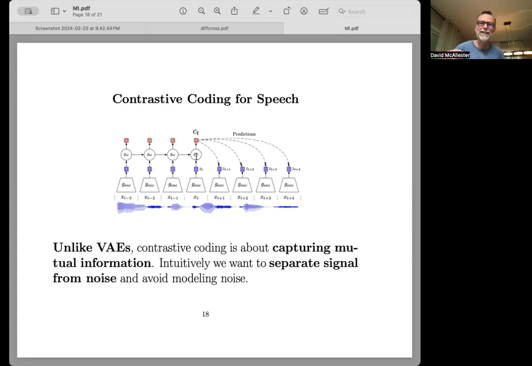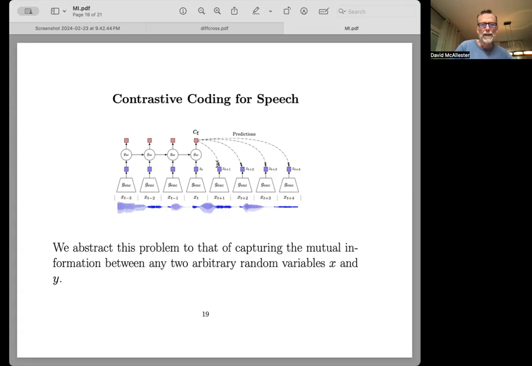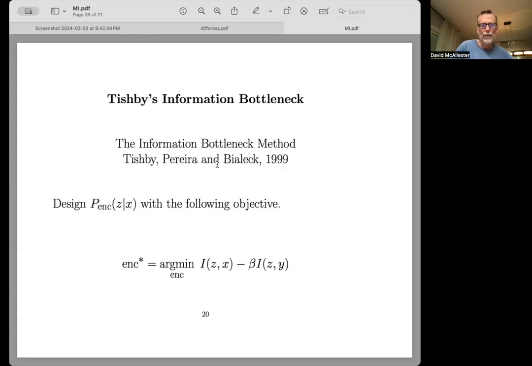And if we define the signal to be something that's carrying mutual information about the future, then this contrastive coding objective is about separating signal from noise, finding a representation that's carrying the information relevant to the prediction problem. Right.